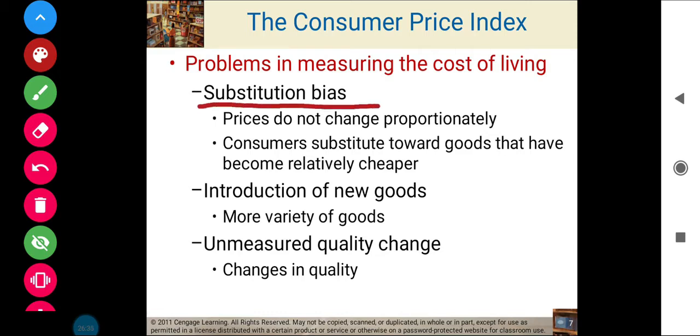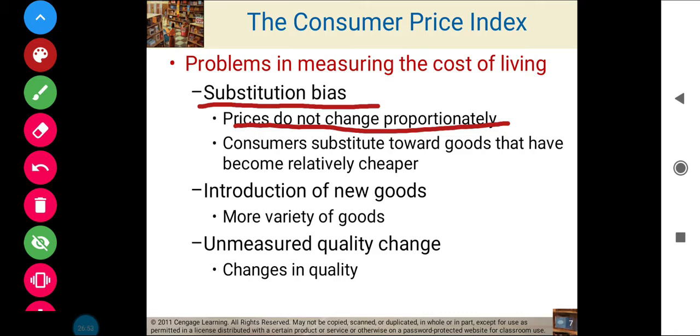Prices of goods don't change proportionately. Sometimes some prices of goods rise faster than other prices.